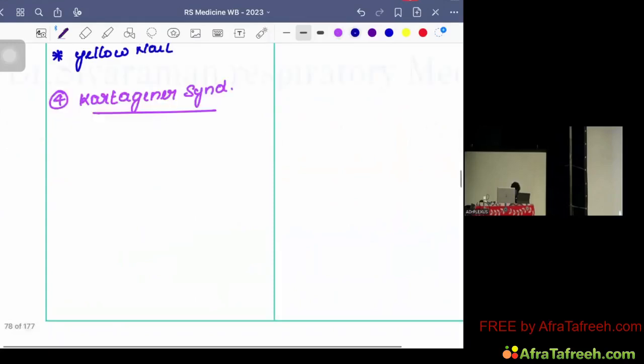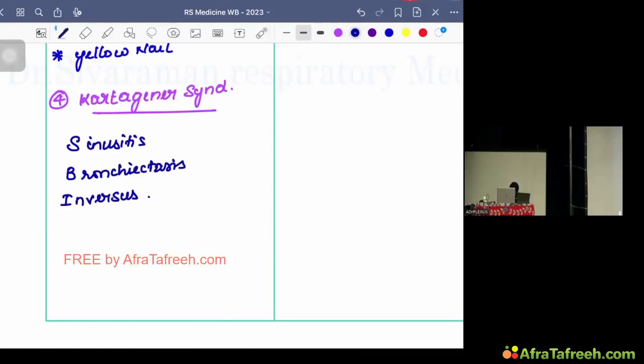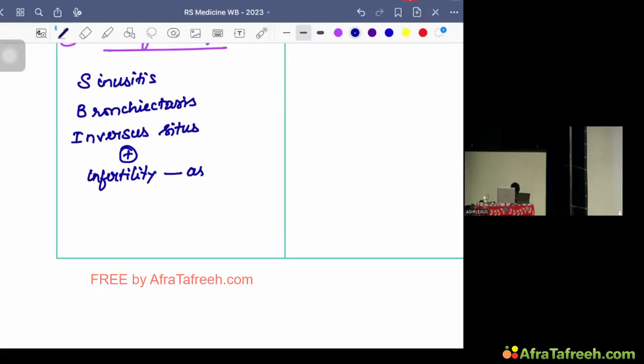As I told yesterday, it is characterized by SBI, which is sinusitis, bronchiectasis, situs inversus, and associated with infertility, which is due to asthenospermia. Asthenospermia. This has been asked in the exam again in INICET.